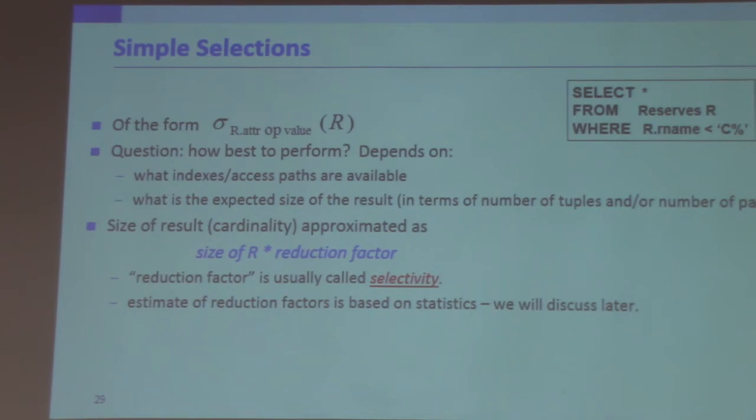You always do a heap file scan if you have nothing else. However, now we know we may also have hash or tree indexing structures over your data. And if this index happens to be over the attribute you use for your selection, you might be able to utilize that somehow.